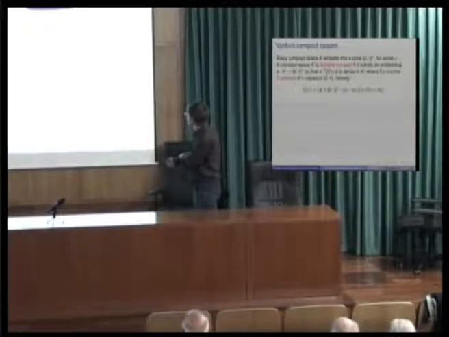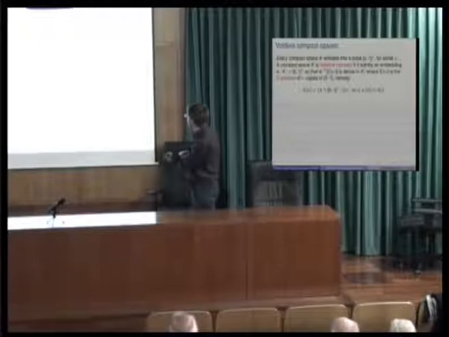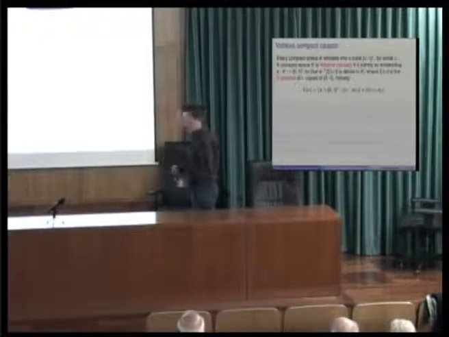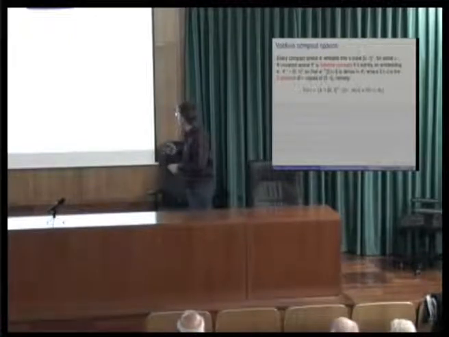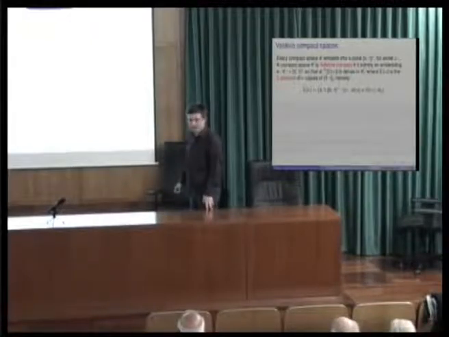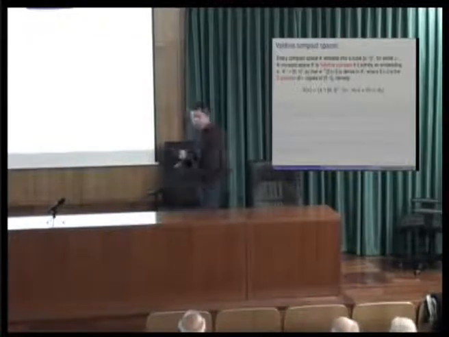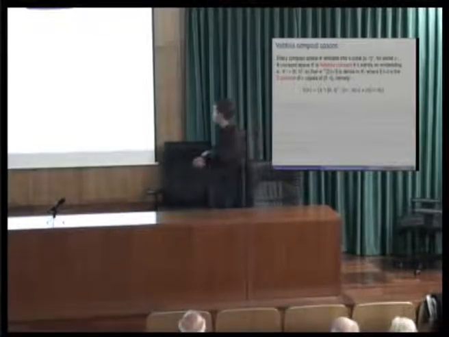Now, what is it? So a Valdivia compact space is a compact space which embeds into a Tikhonov cube in such a way that a dense set enters something called sigma product. Sigma product are all elements with countable support.